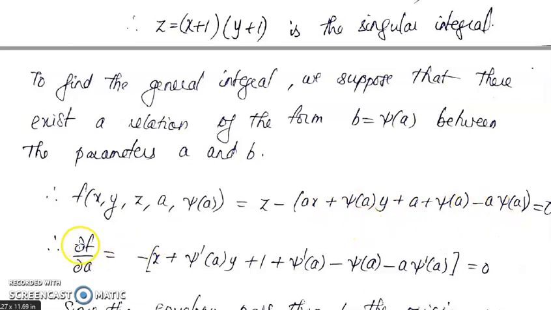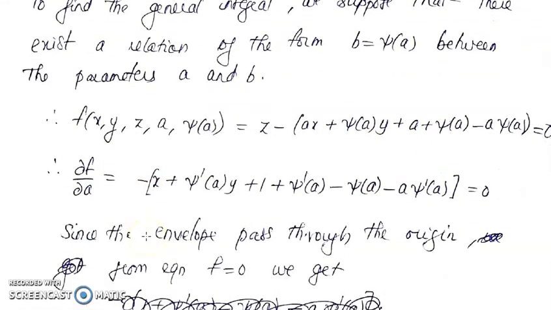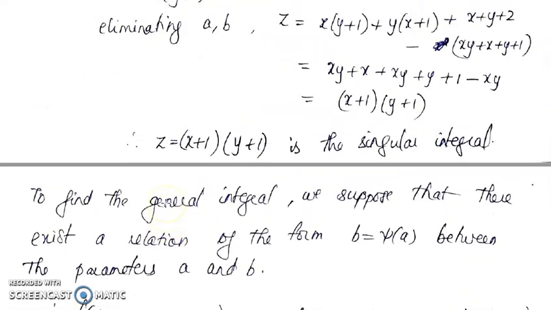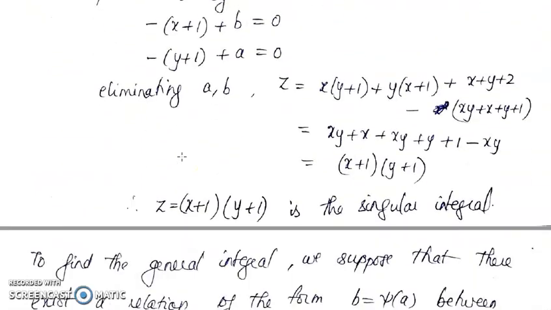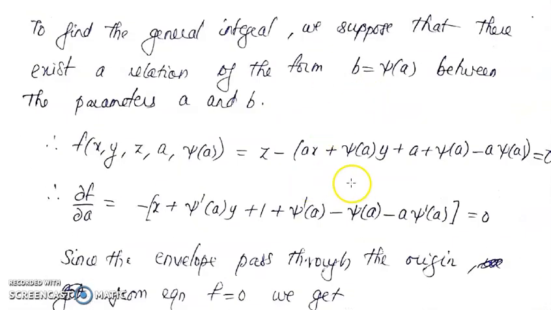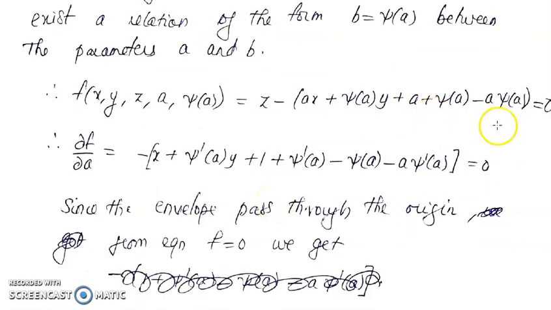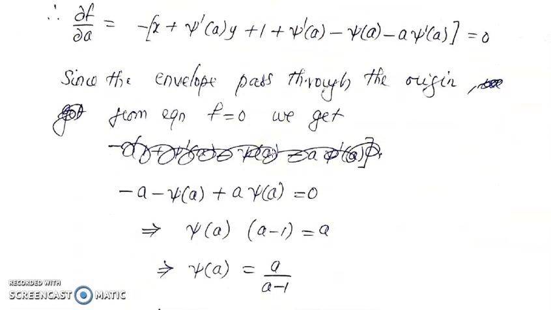For finding that, I'll take ∂f/∂a equal to 0, and you need to find the envelope which is passing through the origin. So when I substitute the origin, that is x = y = z = 0, in the equation f = 0, I am going to get the condition -a - ξ(a) + aξ(a) = 0.